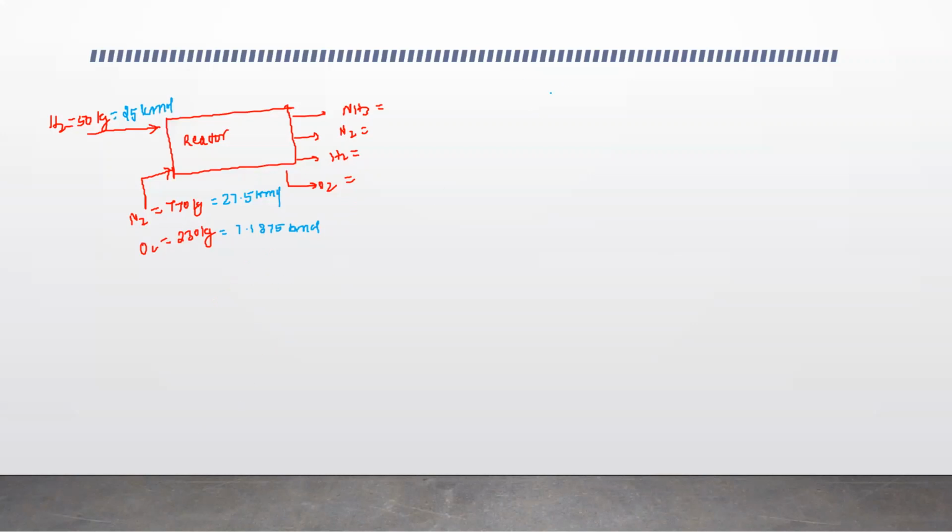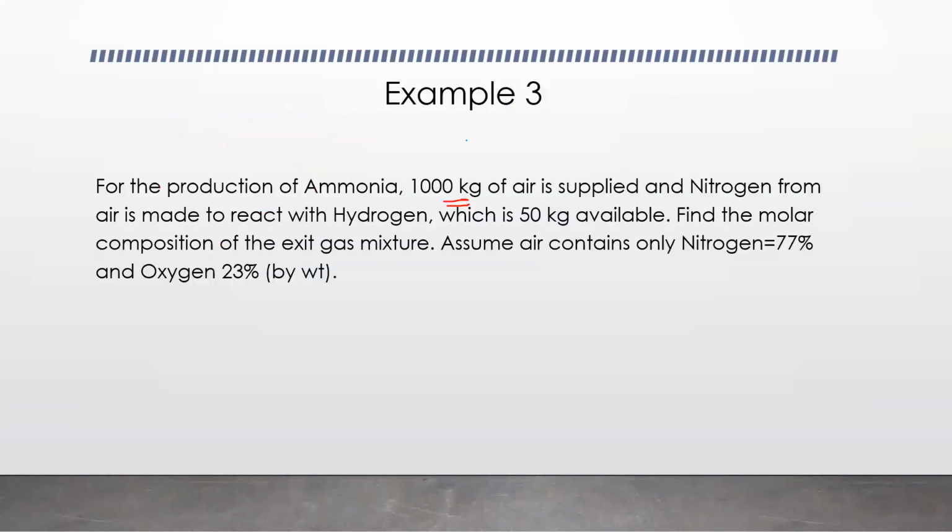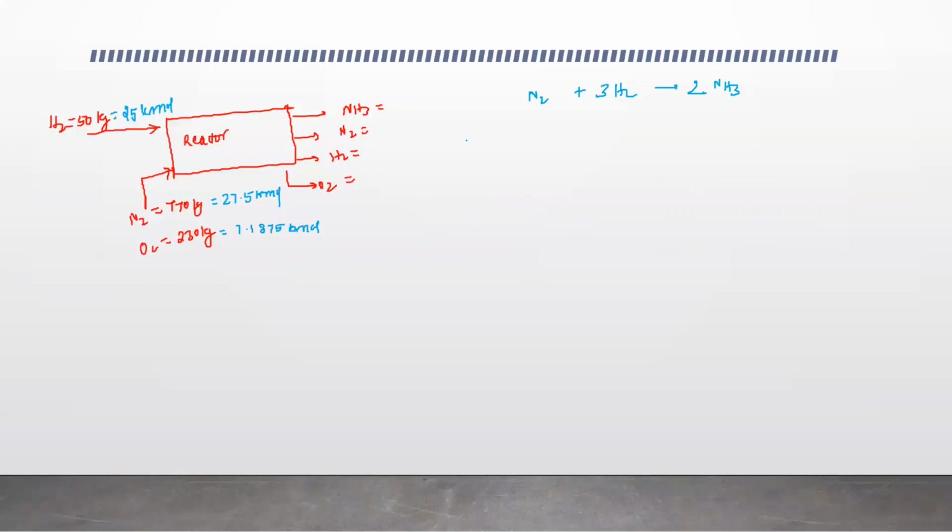So we know that nitrogen and hydrogen react to form ammonia, and if we balance this equation, then this is what we are going to get. So first of all, let's see what is the condition. We have nitrogen supplied as 27.5 kilomole and hydrogen supplied as 25 kilomole.